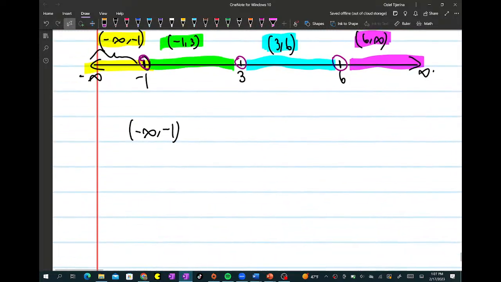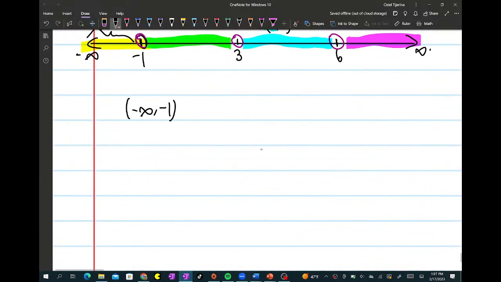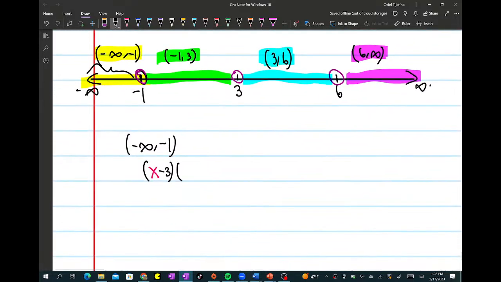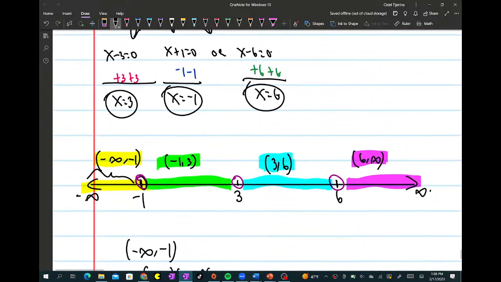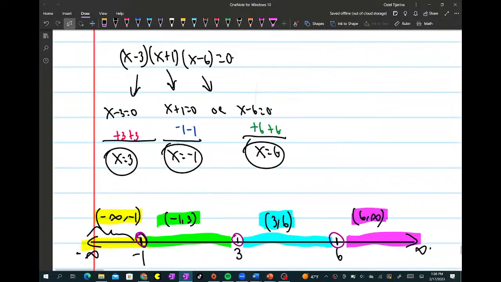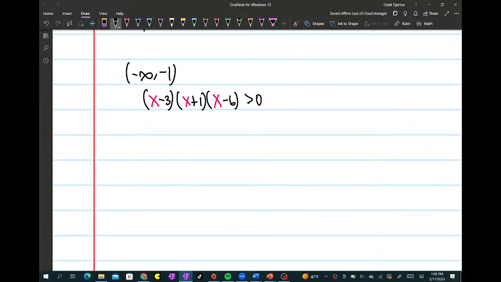I'm going to rewrite the expression: x minus 3 times x plus 1 times x minus 6, greater than 0. This is the expression that we're evaluating here.